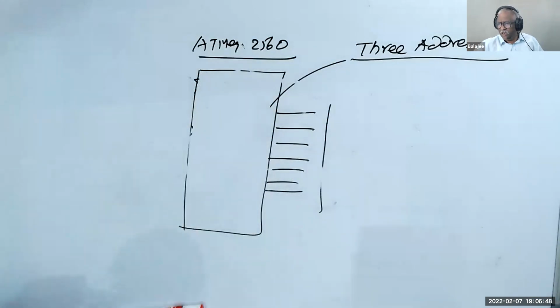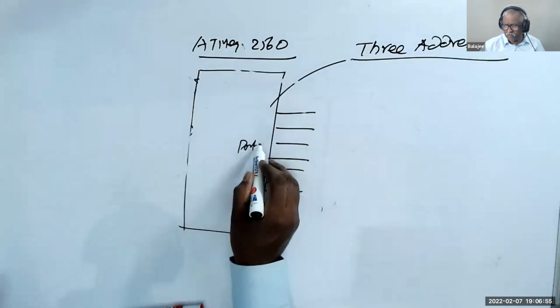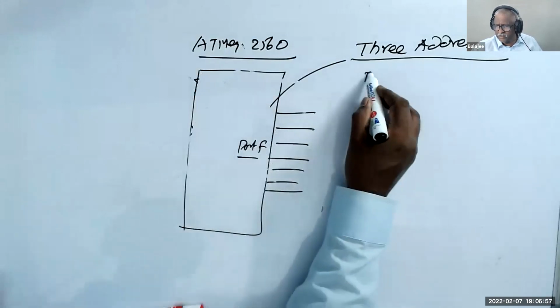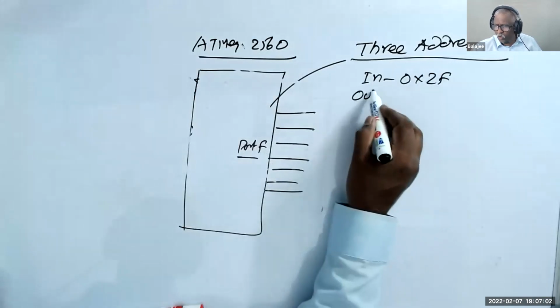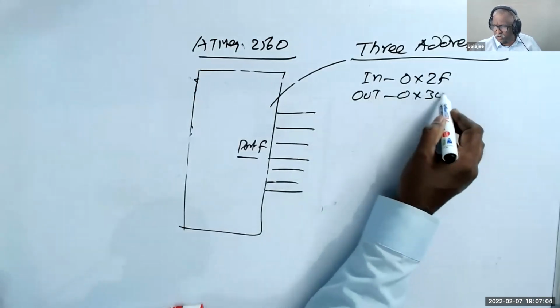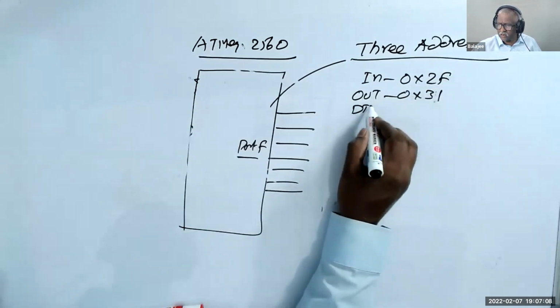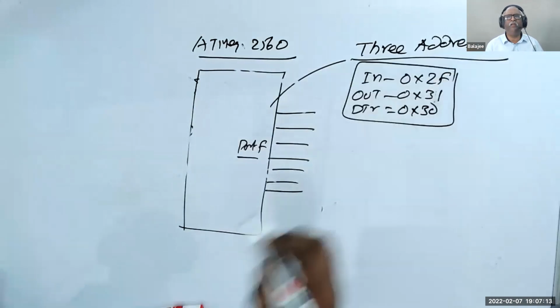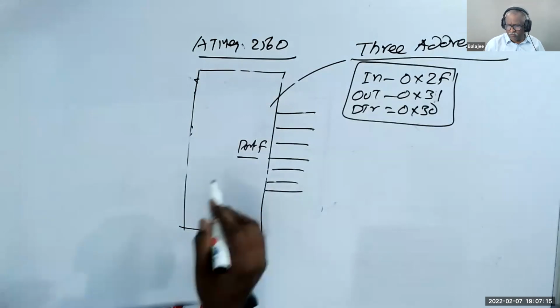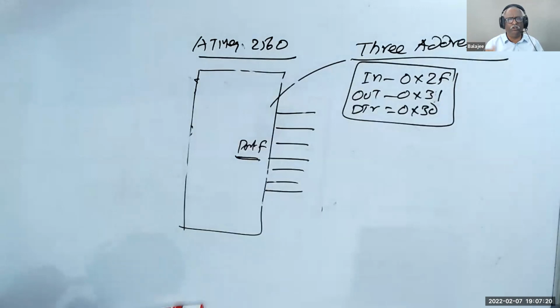It doesn't matter. Now, that day we took one port called port F. Port F in is 0x2F. Out is 0x31, sorry, 31. Direction is 0x30. This is port F. Each port has addresses like these that I've shown you on the data sheet.